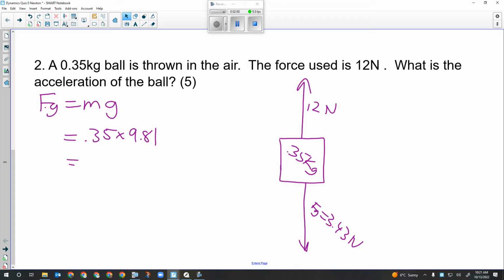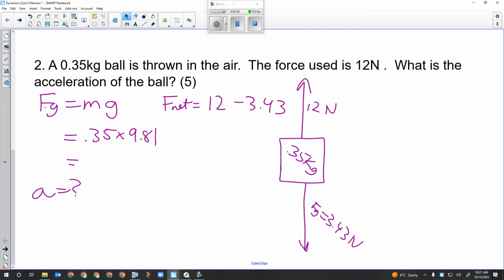Okay, what's my next step? I'm trying to calculate the acceleration of the ball. What do I need to calculate next? The net force. Would I use m times a or sum of all forces? Sum of all forces, because that's what I've got. So I'm going to go F net equals 12 minus 3.43.